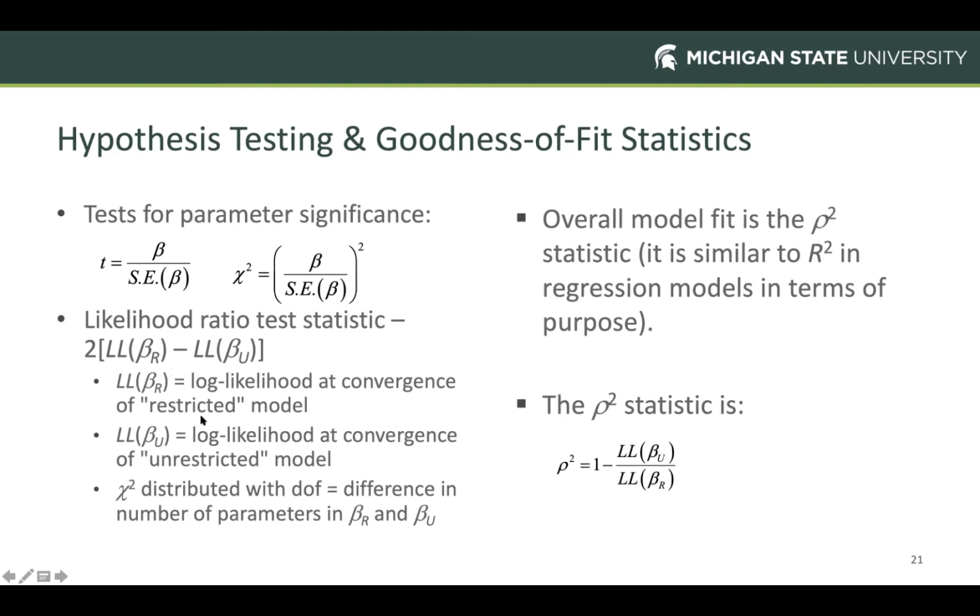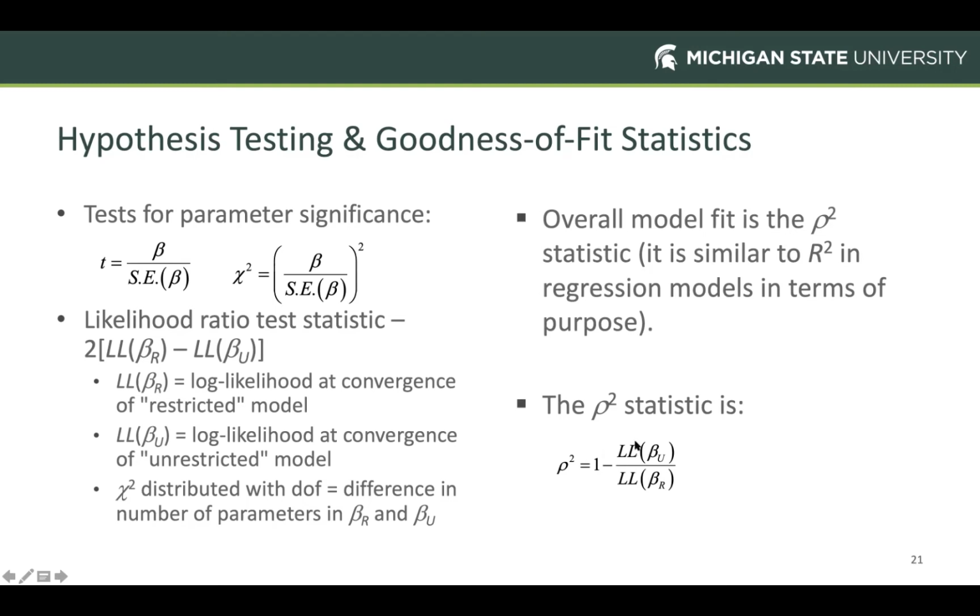Okay. And then we had also talked last week about the various types of R-squared analogies. In a simple case there, we had introduced McFadden's R-squared, which is also referred to as rho squared in several platforms, which is just 1 minus the ratio of the log likelihood for the unrestricted model over the restricted model.